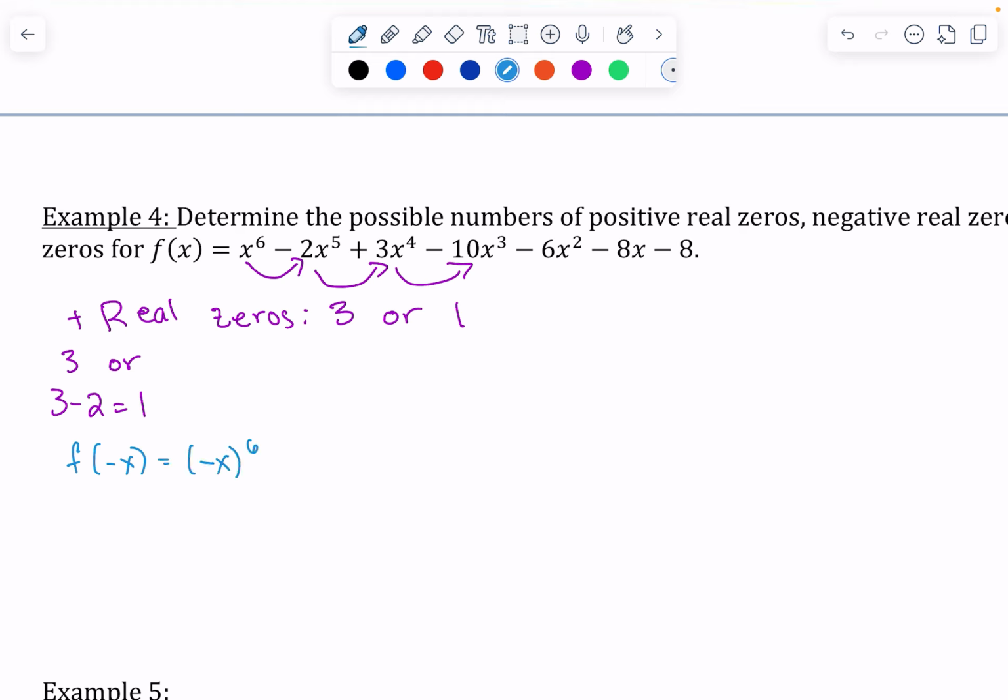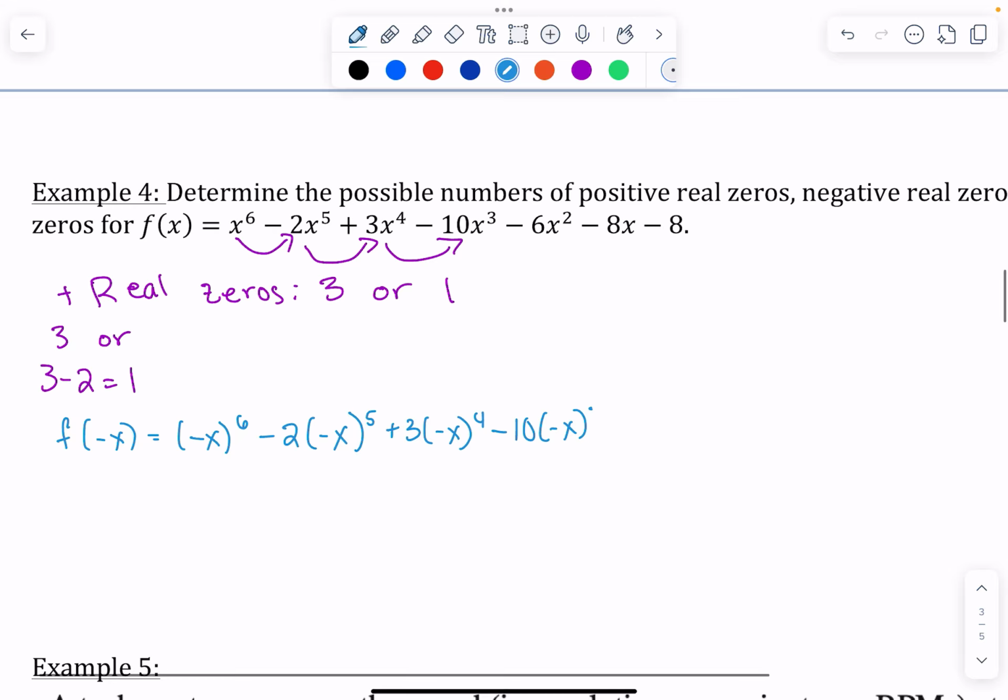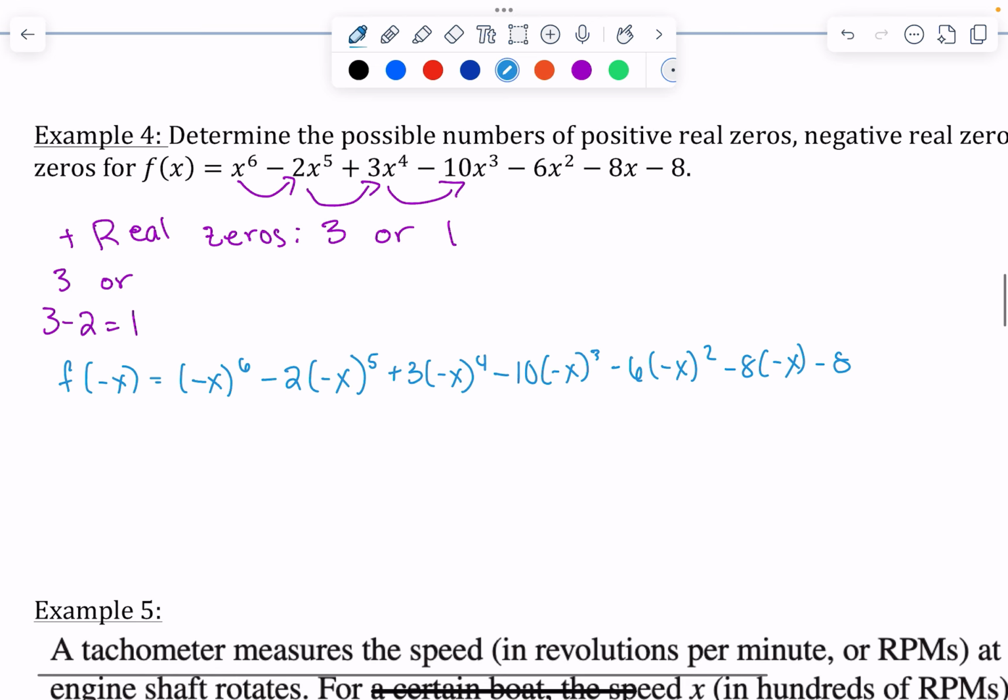So negative x to the 6 minus 2 times negative x to the 5th plus 3 times negative x to the 4th minus 10 times negative x to the 3rd minus 6 times negative x squared minus 8 times negative x minus 8.